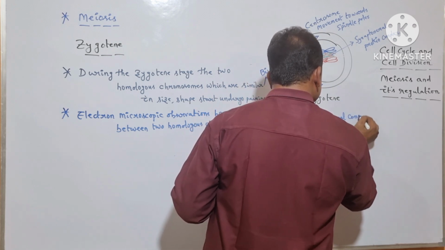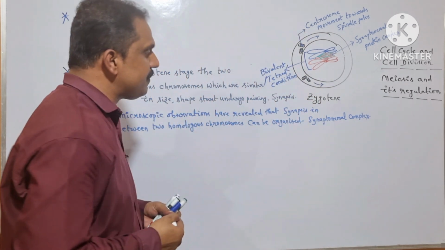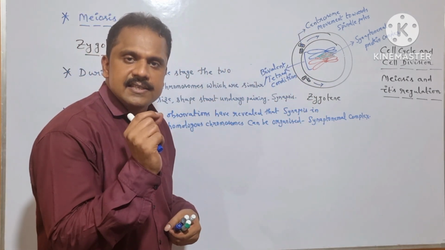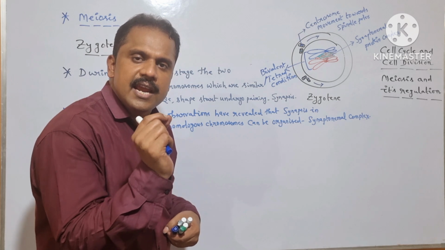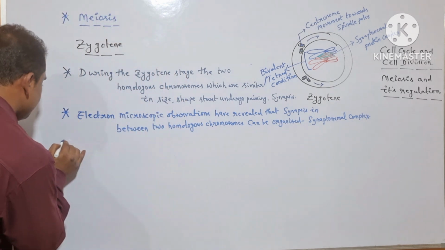Right? So here the synaptonemal protein complex is composed of 3 thick lines of DNA and many proteins. Is it clear? So let me write it here.